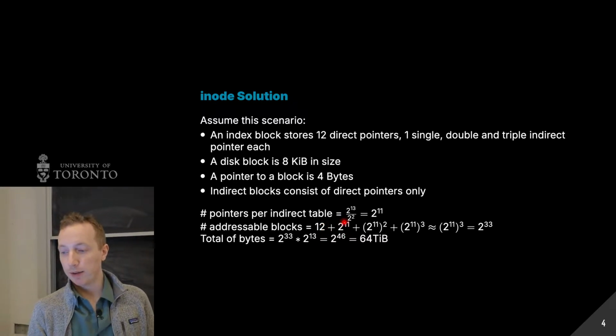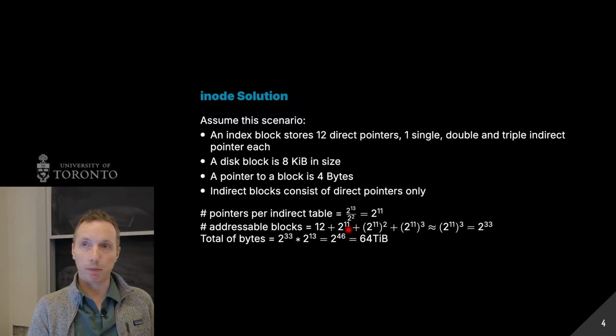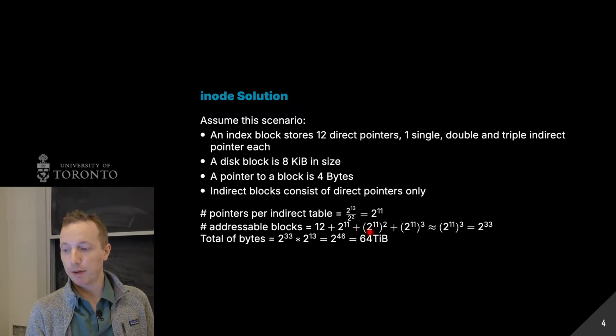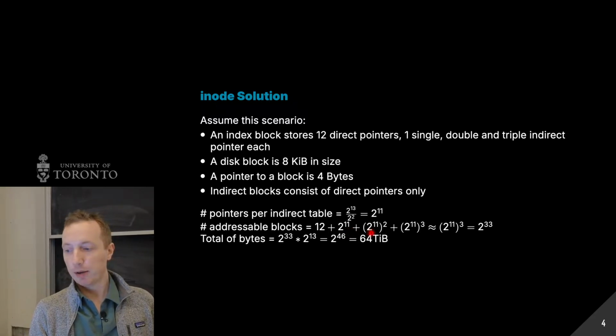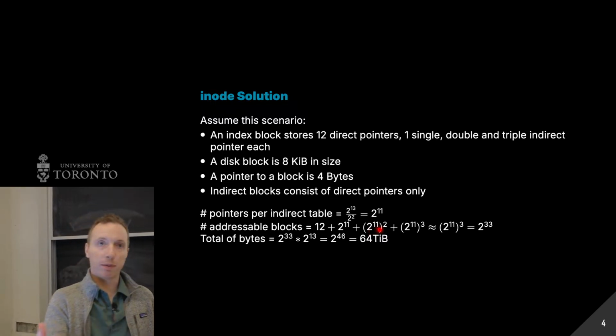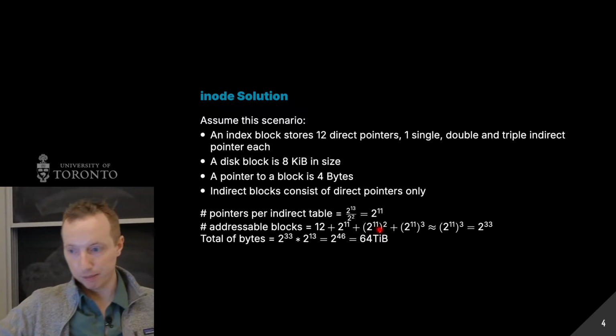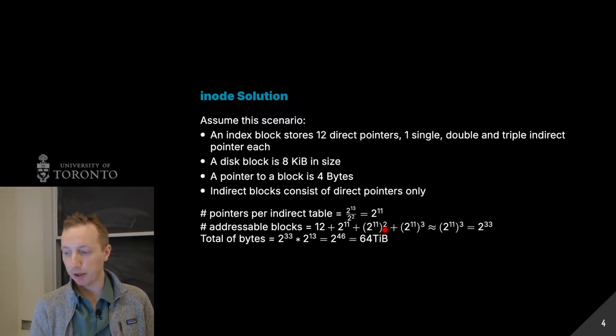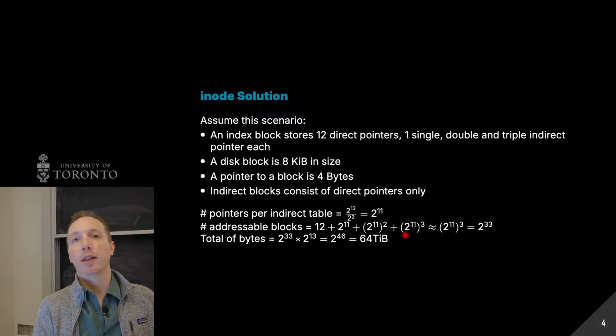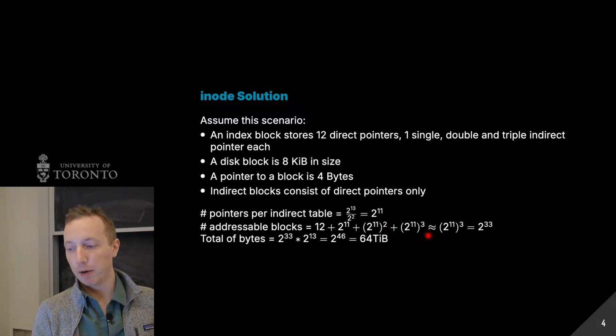Through the single indirect block, that's one block full of pointers, so 2 to the 11. Through the double indirect, that's 2 to the 11, all to the power of 2, because they could each point to a separate table. And through triple, that is 2 to the 11, all to the power of 3.